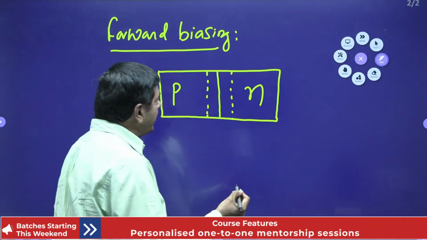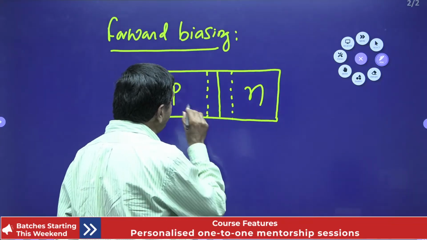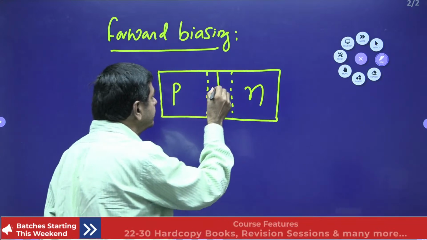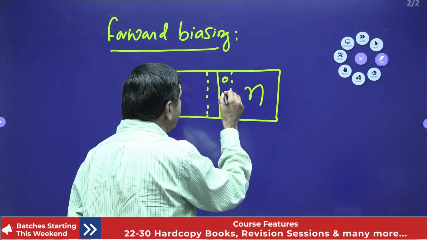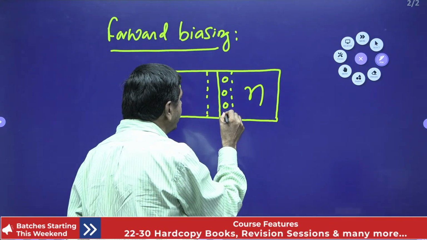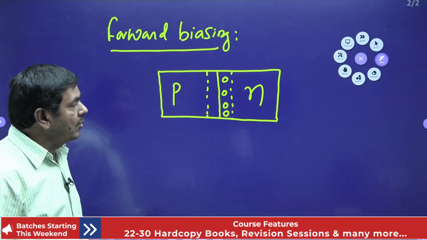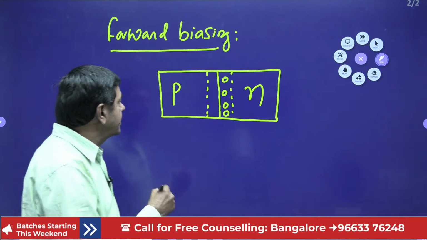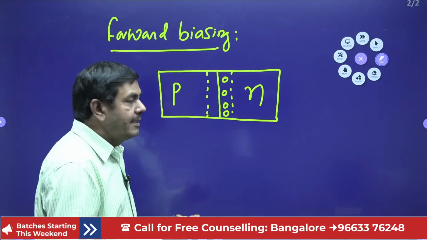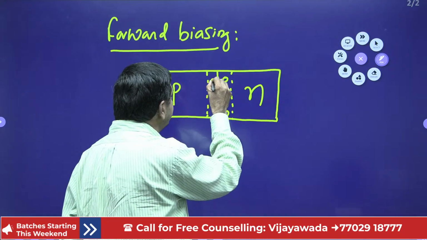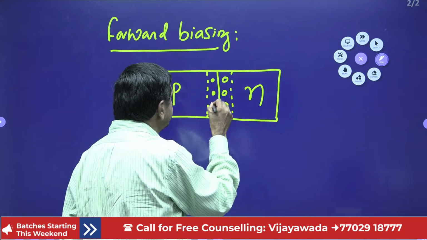I said already, because of diffusion, a certain number of holes move from P-type to N-type, and they become ions. In the same way, electrons from the N-type enter the P region. Thereby recombination of electrons and holes takes place here.